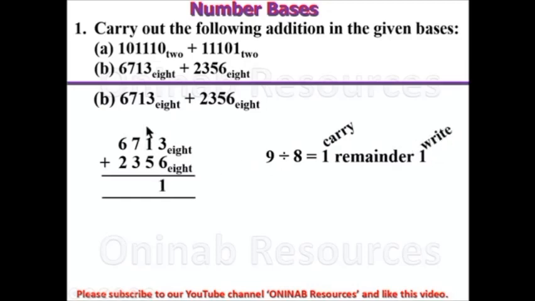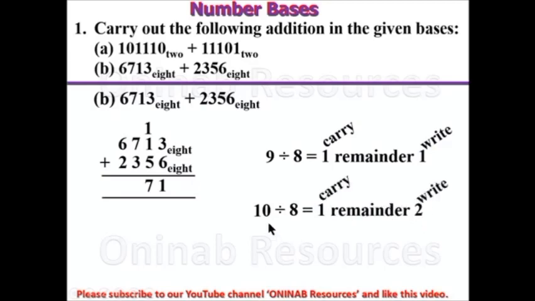So the remainder is 1. So we carry this 1. So 1 plus 1 gives 2 plus 5 gives 7. So we have 7. 7 plus 3 gives 10. So we say 10 divided by 8, which gives 1, remainder 2. So we are carrying 1 and writing down the 2. So we have 2 and carry this 1.